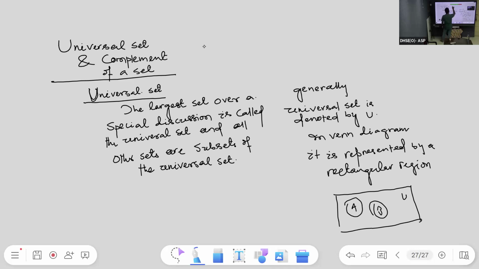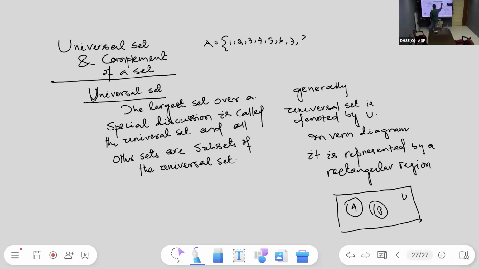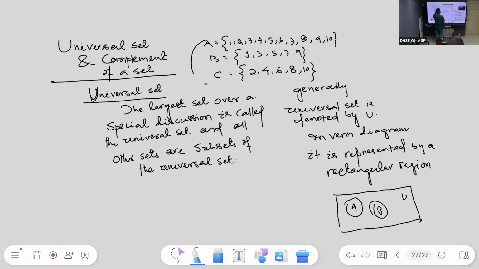Okay. For example, let A be the set containing 1, 2, 3, 4, 5, 6, 7, 8, 9, 10, and B be the set containing the elements 1, 3, 5, 7, 9, and C be the set containing the elements 2, 4, 6, 8, 10. Now tell me, among these three sets, which set should be considered as the universal set?